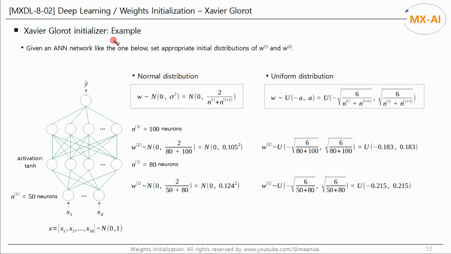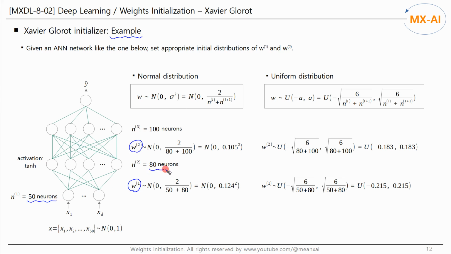Let's see how to use Xavier Glorot's weights initialization formula with a simple example. Given a neural network model like the one below, set appropriate initial distributions of W1 and W2. There are 50 neurons in the input layer.